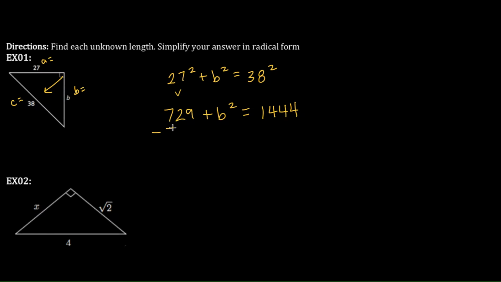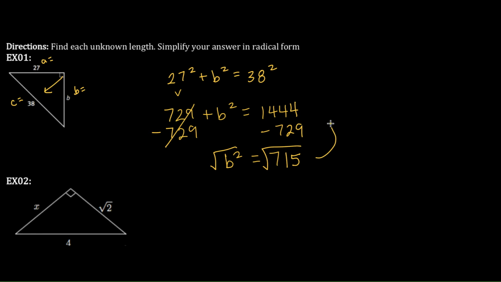So I'm going to subtract 729 minus 729. B squared equals, let's see, 715. And then I have to take square roots.